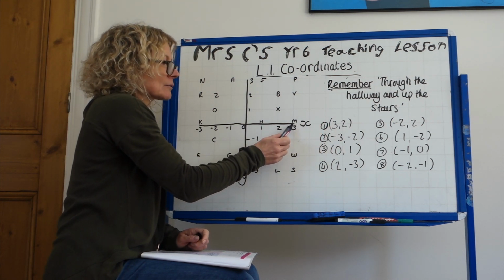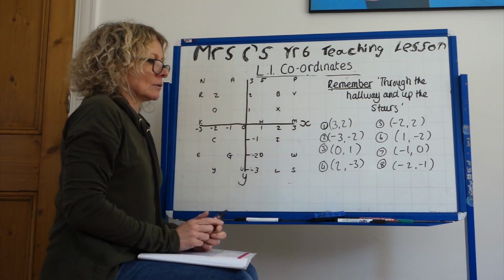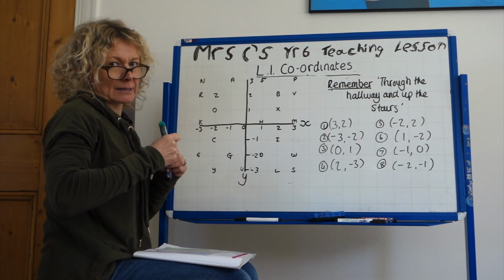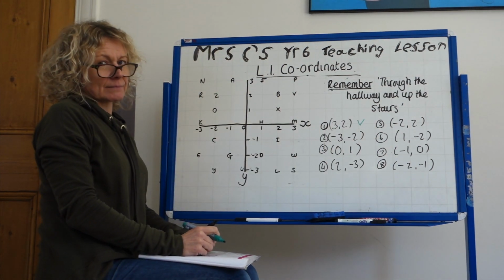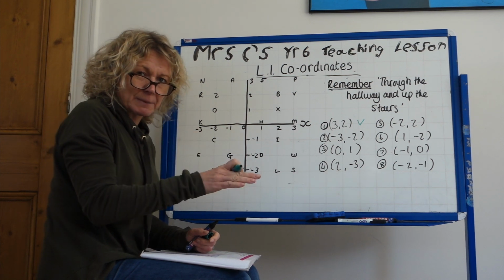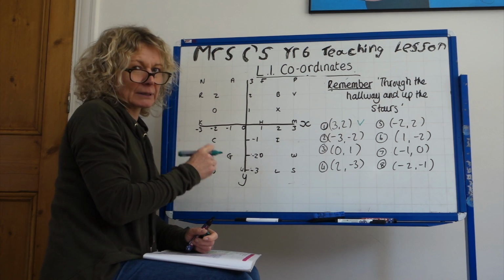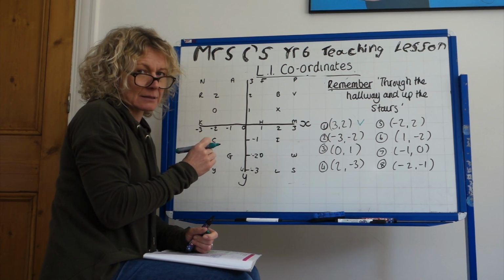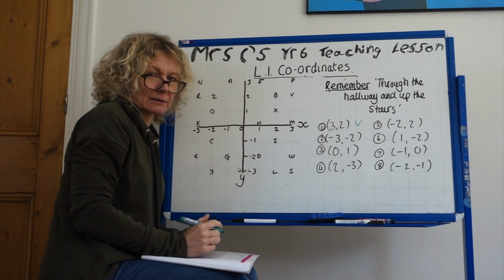Through the hallway to number 3, up the stairs, number 2. What letter are you at? Yeah? So in your maths books or on your piece of paper, you need to copy this and complete the rest. Good luck. I will come back with the answers in a bit.